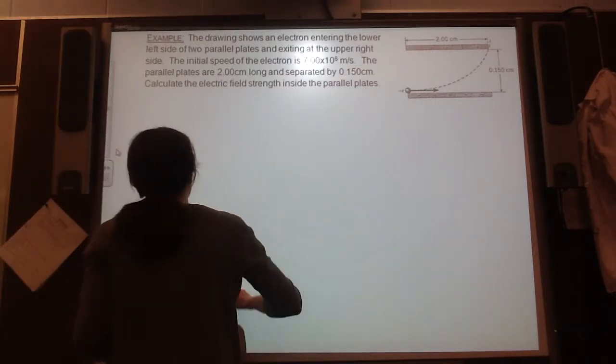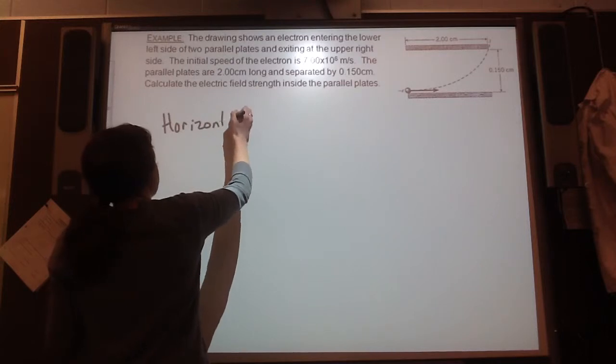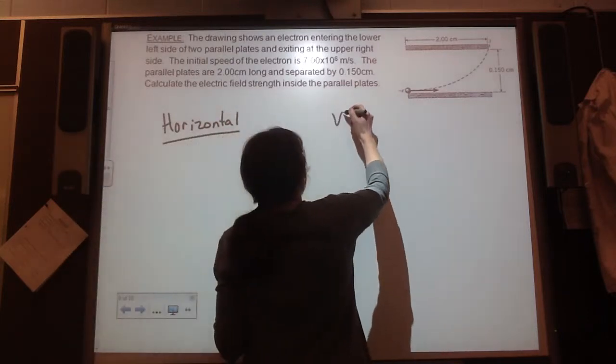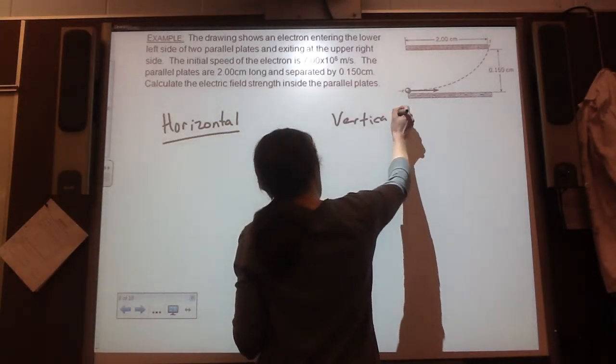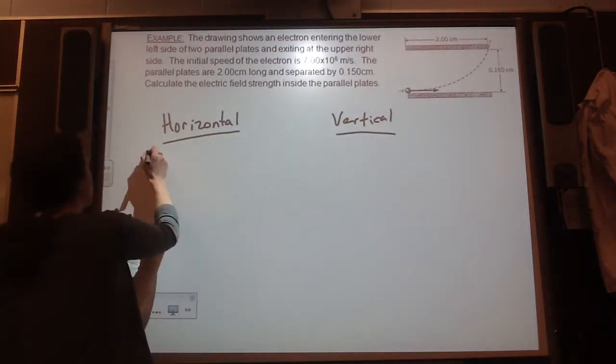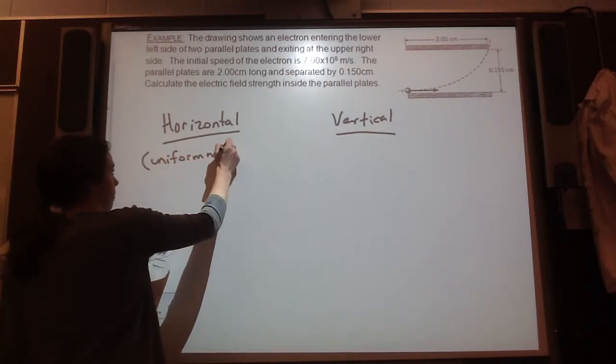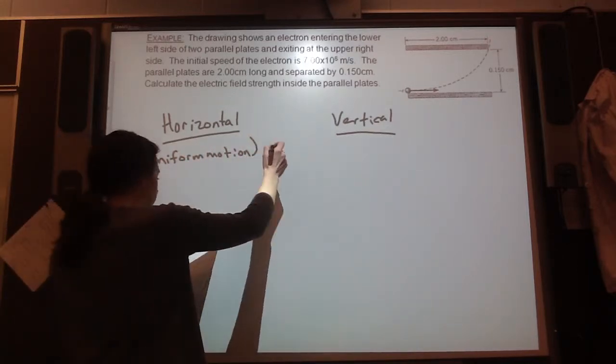So let's separate our information into horizontal and vertical information. I'm just going to note here, horizontal is uniform motion because of what you guys just told me.